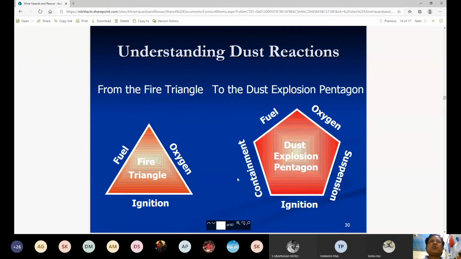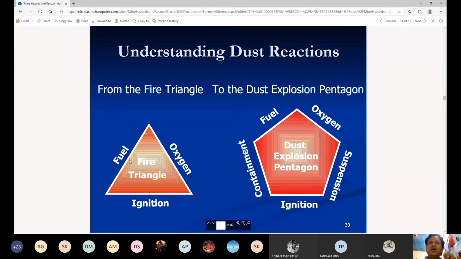We have seen the fire triangle, and this is the dust explosion pentagon. One is a triangle, the other is a pentagon. In the fire triangle, we studied the fuel, the oxygen, and the source of ignition.